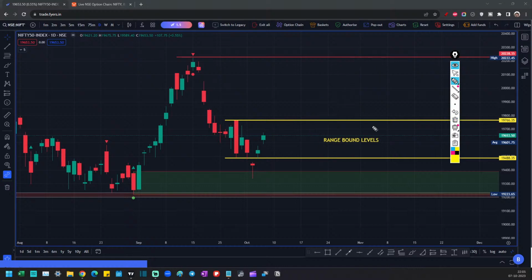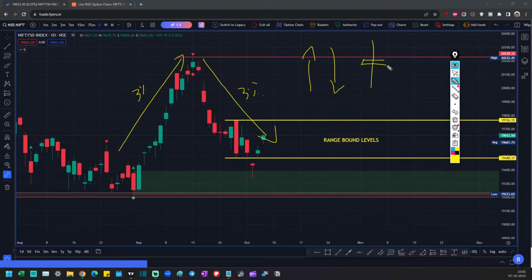Like I said in the previous video, this was a 3% up move, and again from this was a 3% down move. If you combine all this data, it was a 3% up and a 3% down, and you would again get an indecision candle on a very higher time frame.